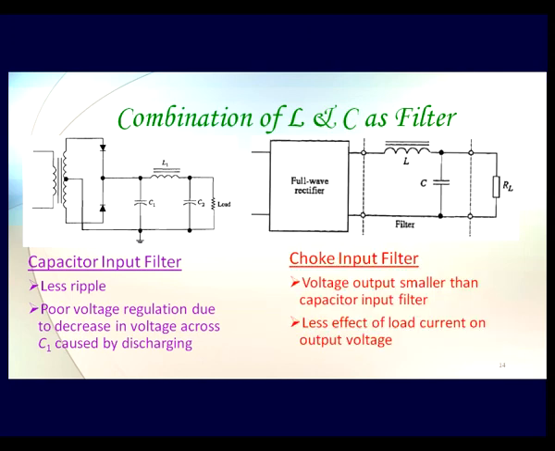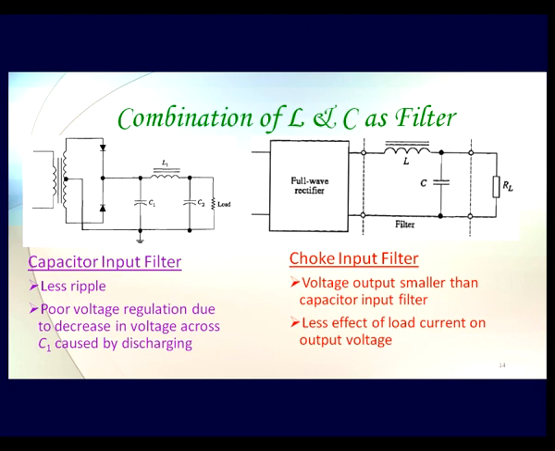But we can also have something called an L filter. L is in the shape of the component arrangement here. At the input we have an inductor, and a capacitor is put in shunt, or in parallel, with the load. In this case the voltage output is smaller than the capacitor input filter, as I was telling you, because a capacitor can charge to the maximum value, whereas the inductor will never allow this capacitor to charge to the maximum value.